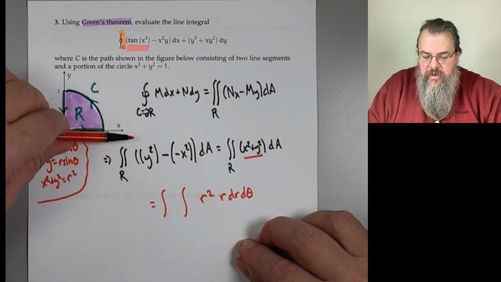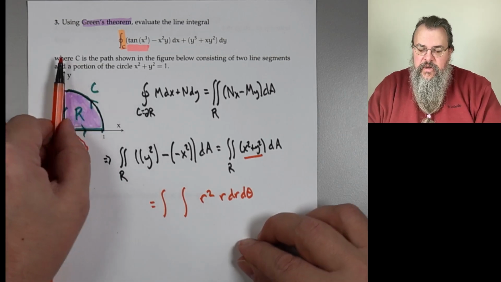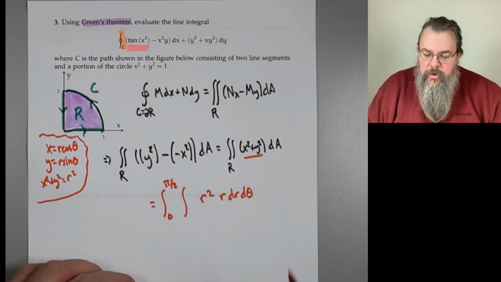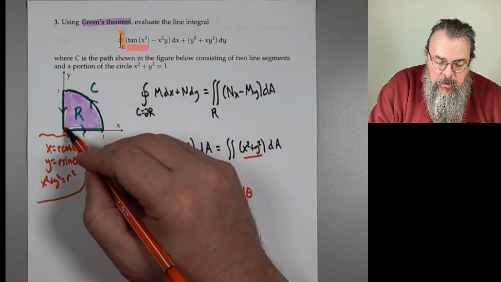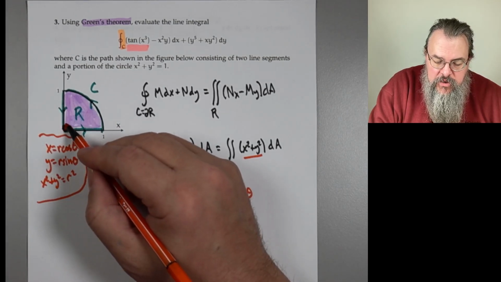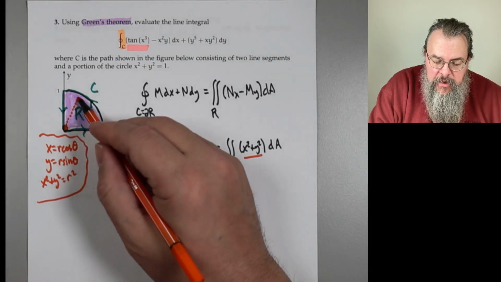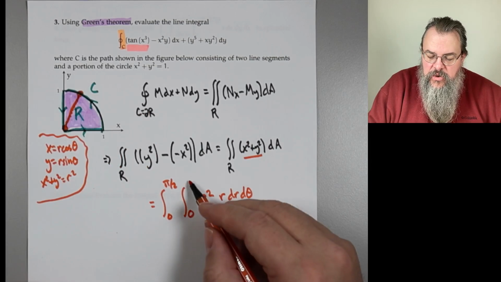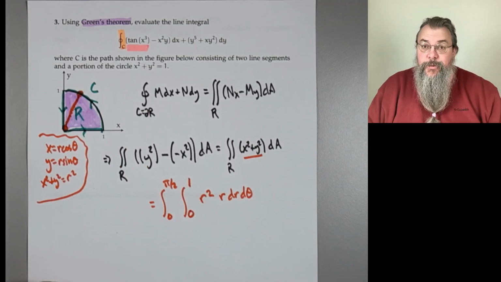It's not a full circle, it's only a quarter circle. So 0 to pi over 2. Where does r go from? Well, r is relative to the origin. So we go from the origin, and we move out till we hit the circle. So from the origin to the unit circle, 0 to 1.